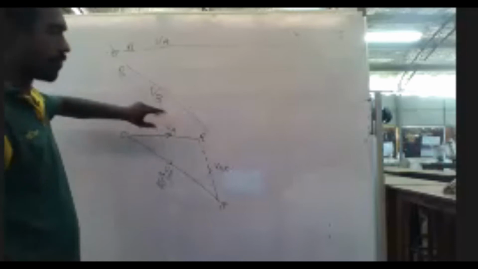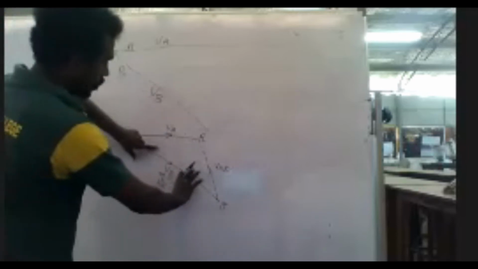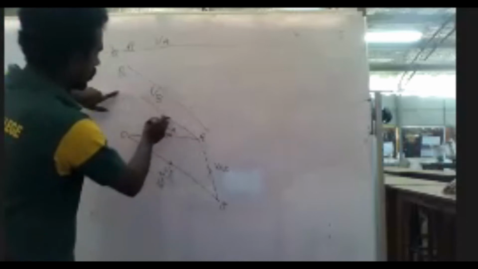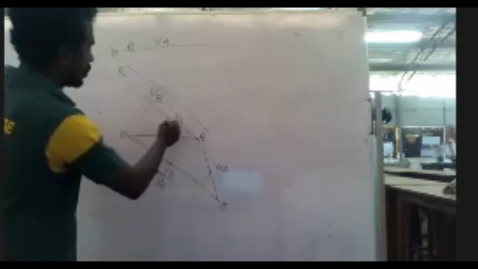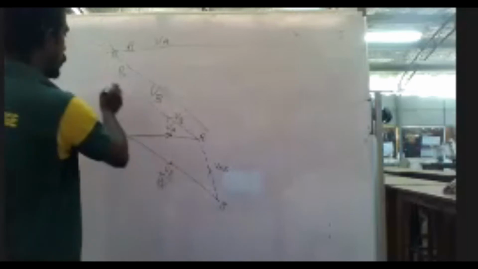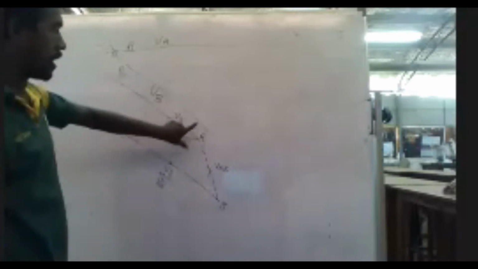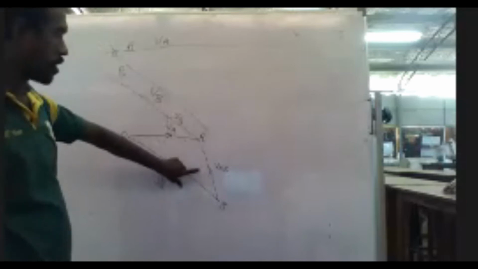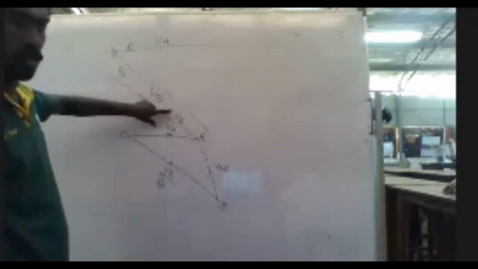So in this particular angle, I'm going to apply a velocity VB for A also. Here also I am applying VB to stop this. Same VB I am applying here also, right?